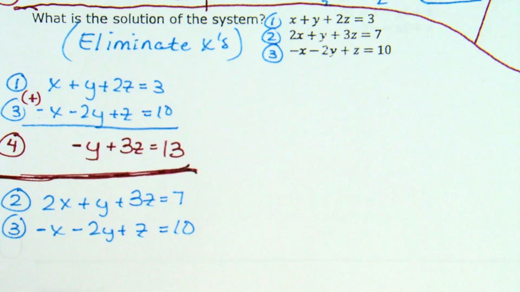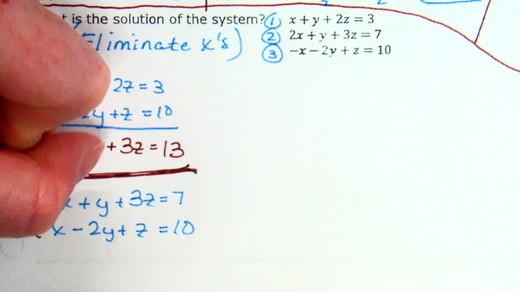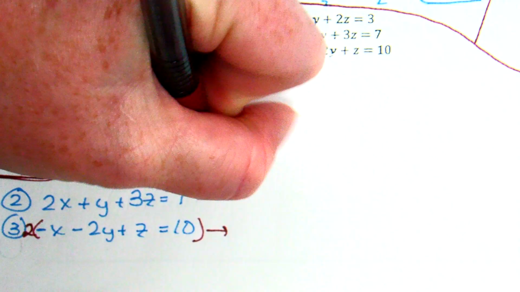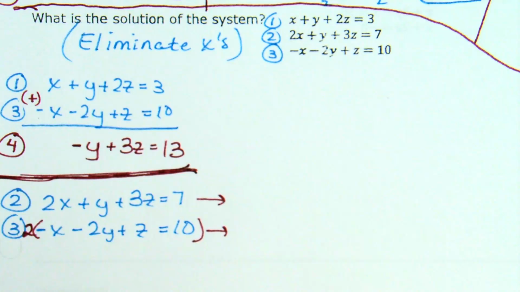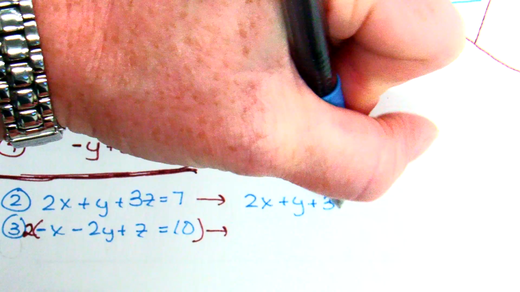Because I want my x's to match, I'm going to multiply that bottom equation by 2. So my top equation stays 2x plus y plus 3z equals 7.